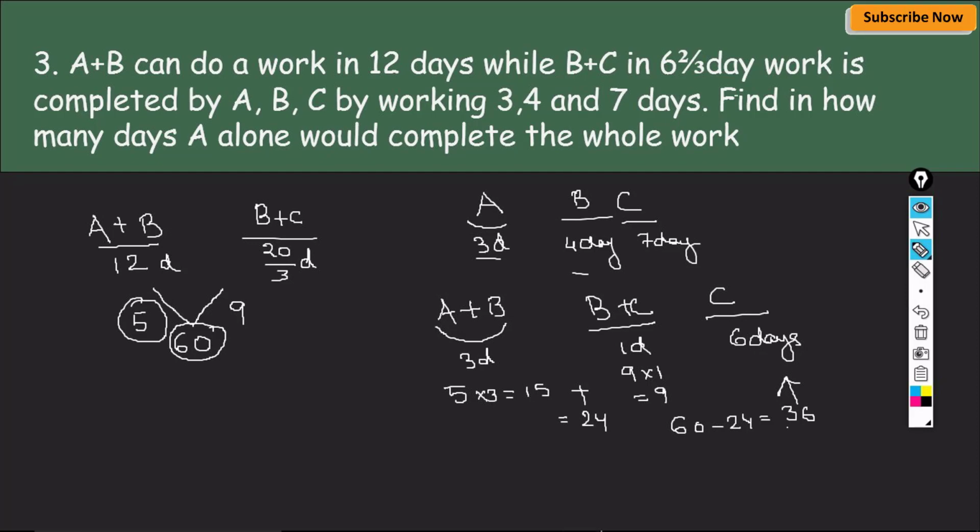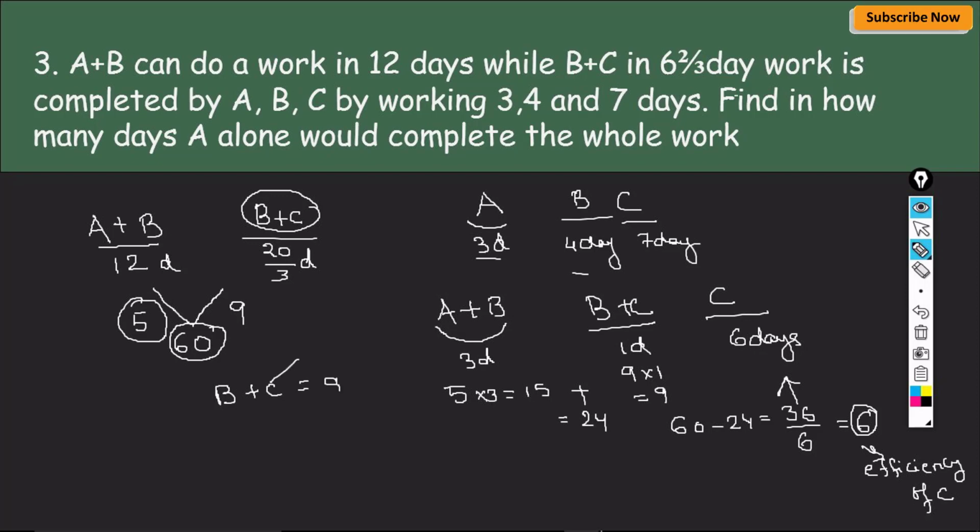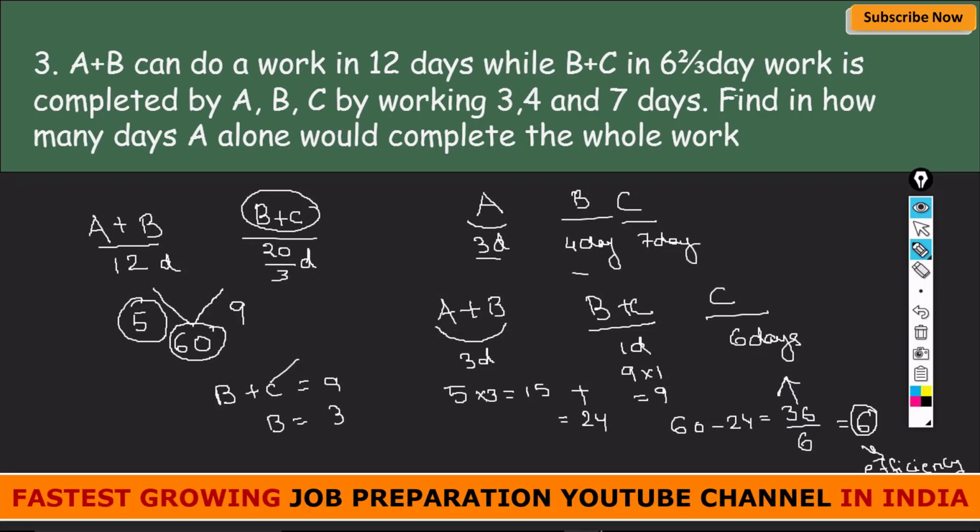So C's work is 6. This is the efficiency of C we get. Putting the values here, B plus C equal to 9. We know the value of C, so we can easily find out the value of B, that is 3.